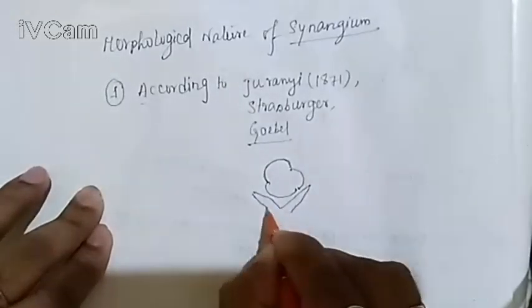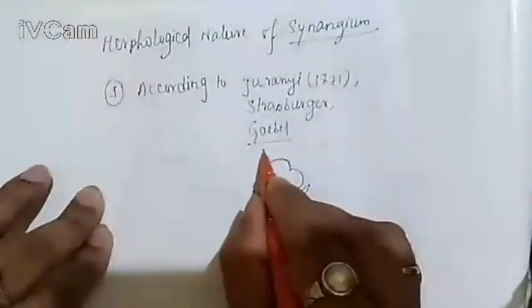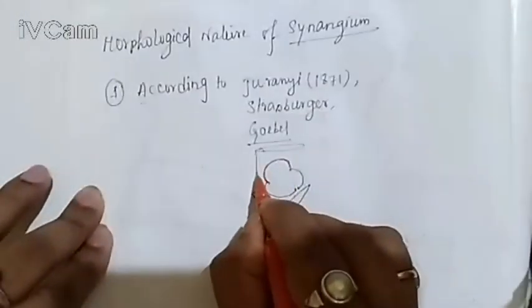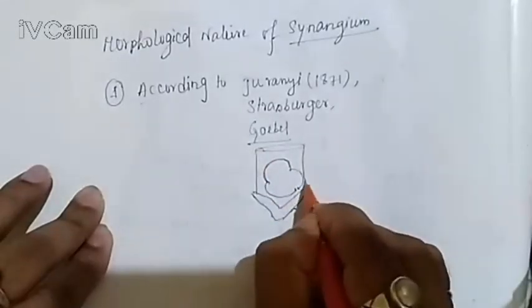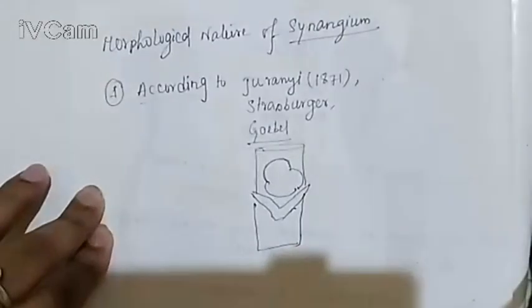These are two leaves, and it develops on a small branch. This is the plant body. So you can understand this.